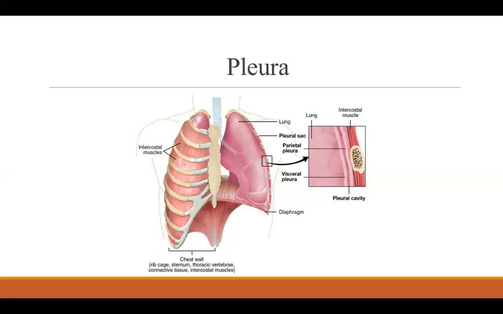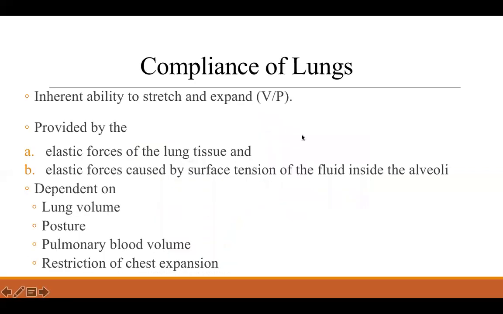It could also be called subatmospheric pressure. So those are different ways to describe the pressure that is in the pleura. So with this knowledge, we will take a look at the other topic, that is compliance.